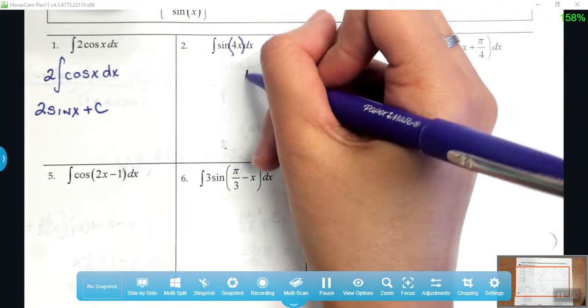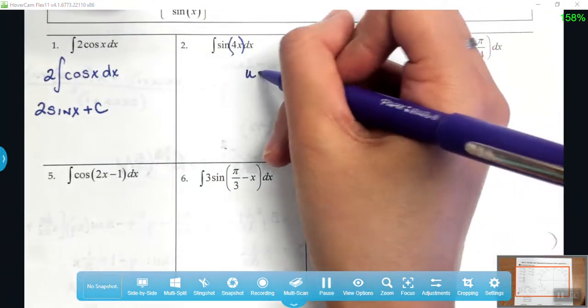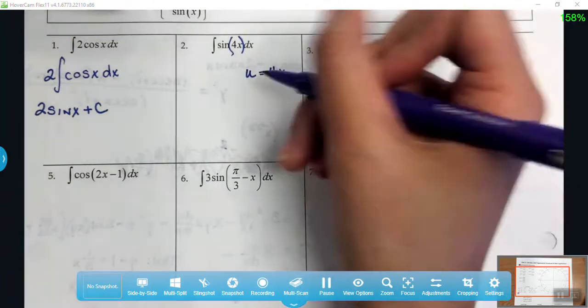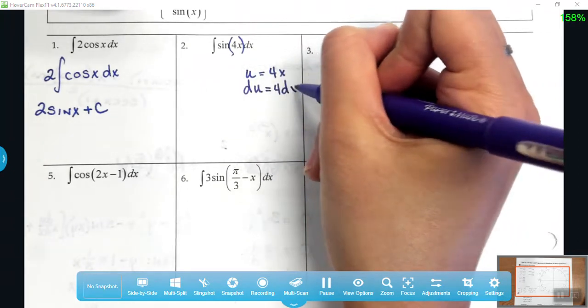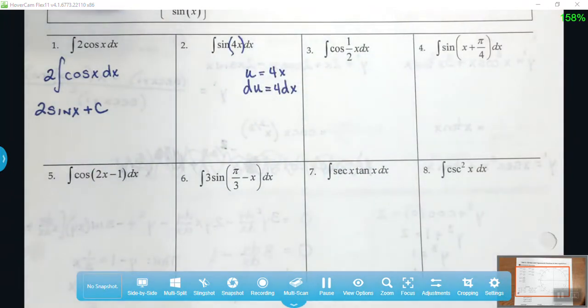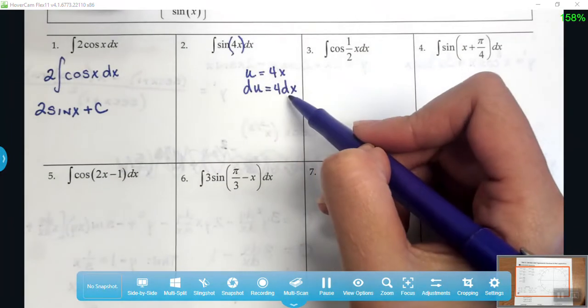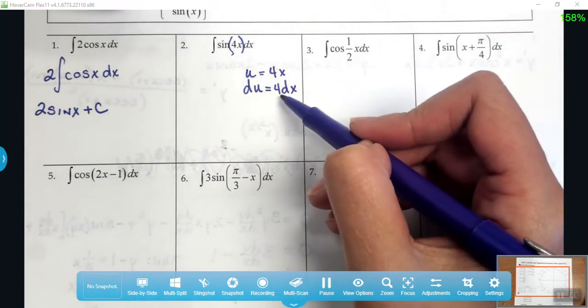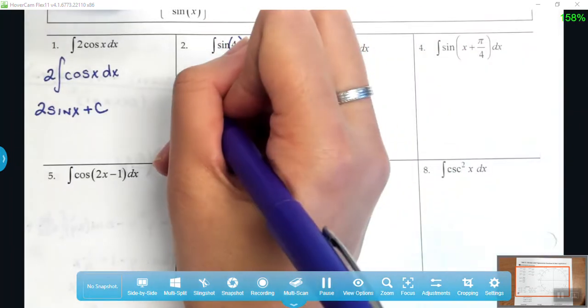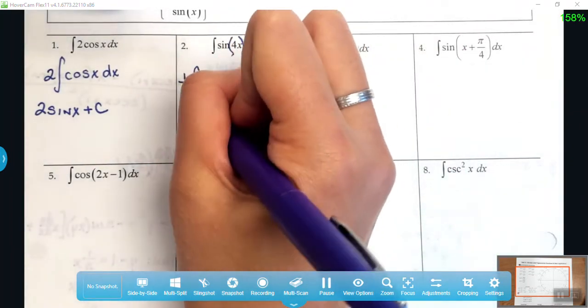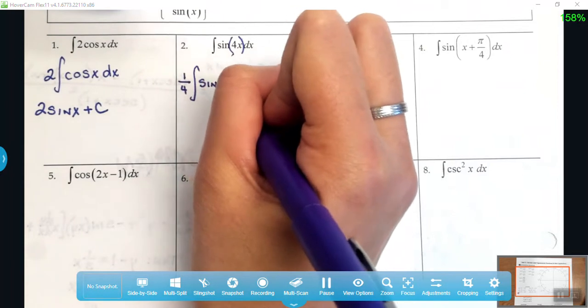Okay. u equals 4x, du equals 4 dx. So I have the dx here, but I've got this 4. So 1/4 on the outside, integral sine of u du.